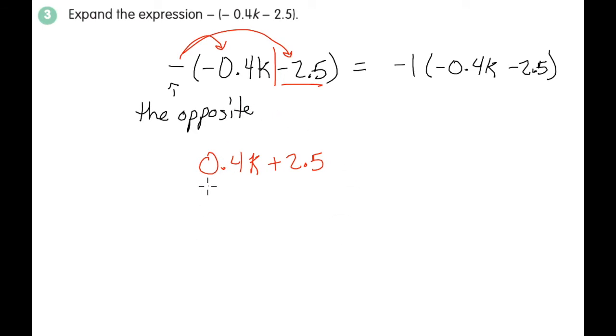So this would simplify to a 4/10 k plus 2 and 5/10. If we distributed with a negative 1 on the outside, we would end up with the same results here. A negative times a negative gives us our positive 4/10 k. And then we have plus, and then a negative times a negative again is a positive 2 and 5/10.